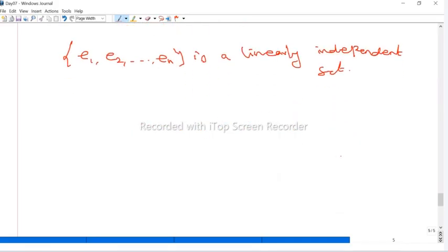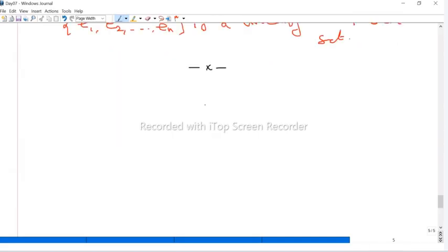Now, the next definition is spanning set. So spanning means what? Before that, given any vector space and any non-zero element, we can always produce a subspace. That is a subspace spanned by a vector.